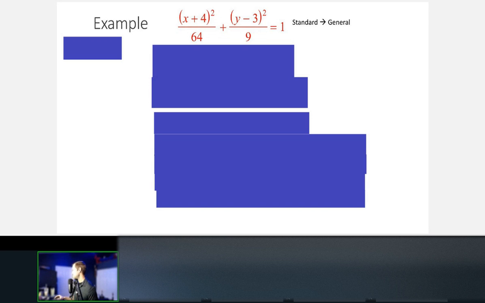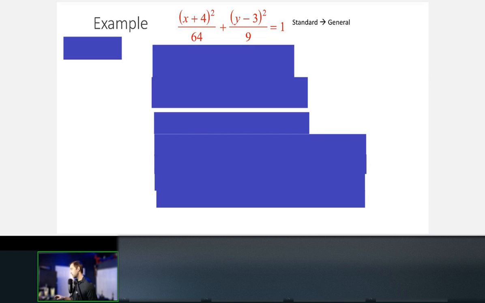Multiply first by 64, Rachel, and we could do it that way. We could absolutely do it that way. But there is a way we can do it in 1 step instead of 2. But Rachel, the way that you're saying is not wrong by any means. So Rachel says multiply by 64 and then by 9.